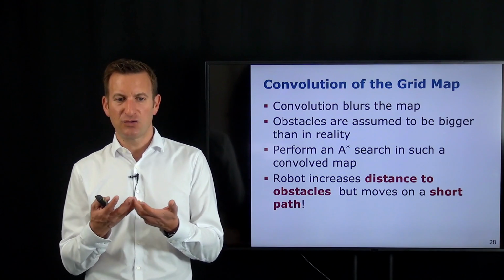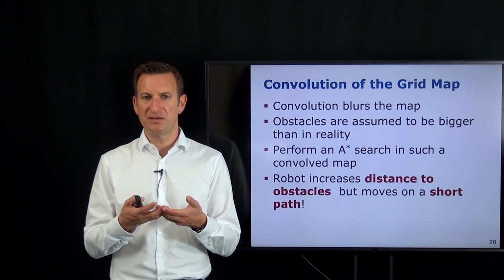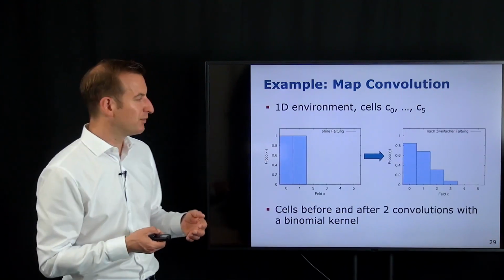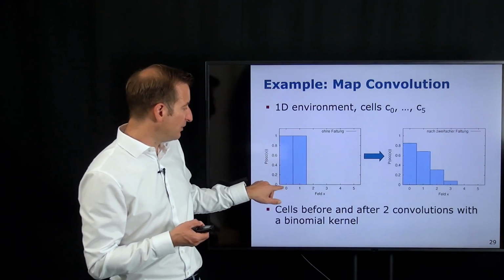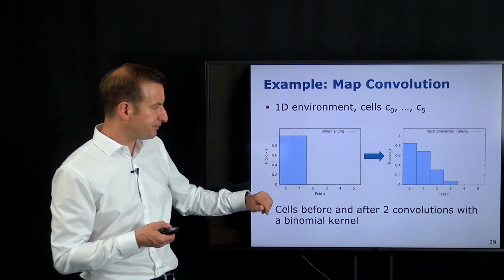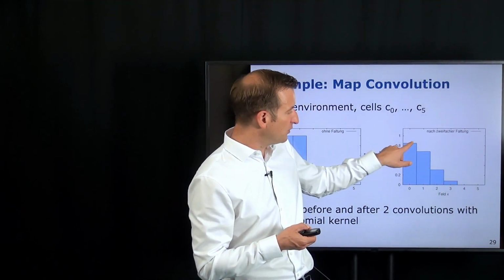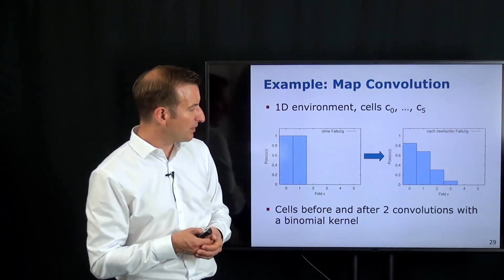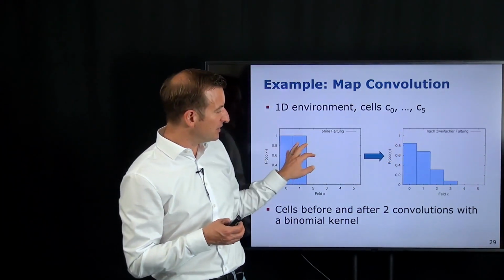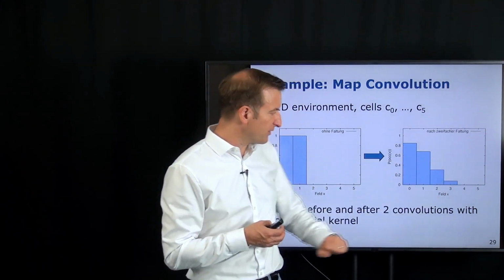This convolution of the map provides you with increased distance to obstacles, while still driving on a short path. So for example, let's say we have a 1D example over here, and we have two cells which are occupied, so probability of 1, and the others are free space. If I convolve it twice with a binomial kernel, then some of the white information will smear into the originally black information, and the other way around, some of the black color or occupancy probability will smear into the free space.